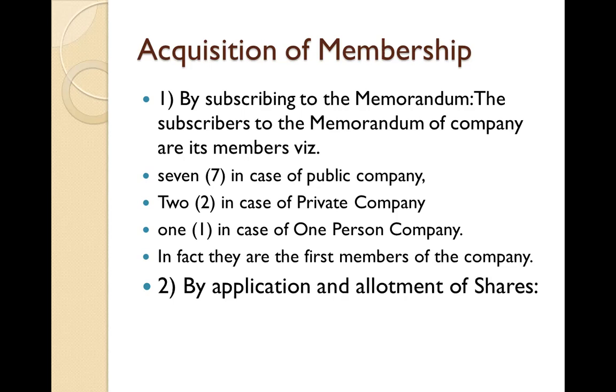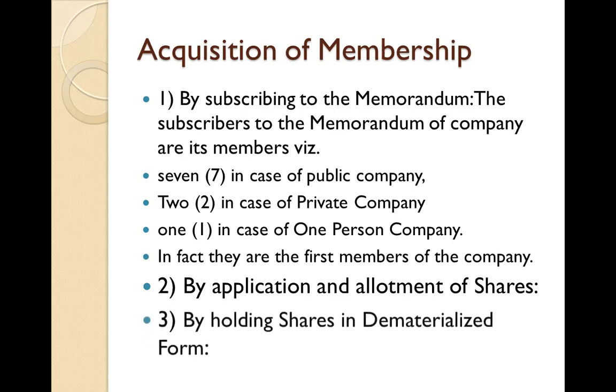It also means that they can acquire the membership by holding shares in dematerialized form. Basically, in case of shares, there are two types of issue: physical format and dematerialized format. Physical format means a paper format, and dematerialized is a paperless format. Even though it is dematerialized, the acquisition of membership is applicable.